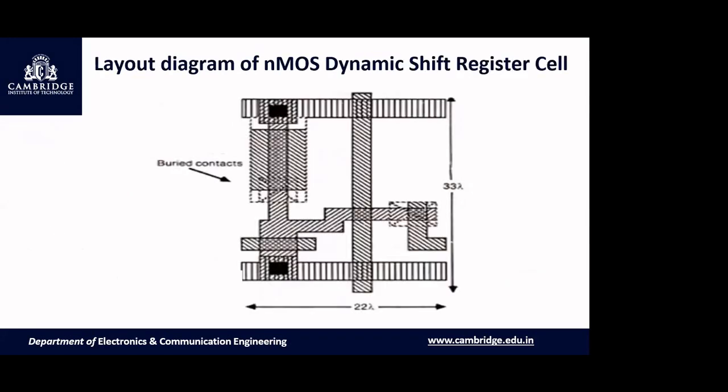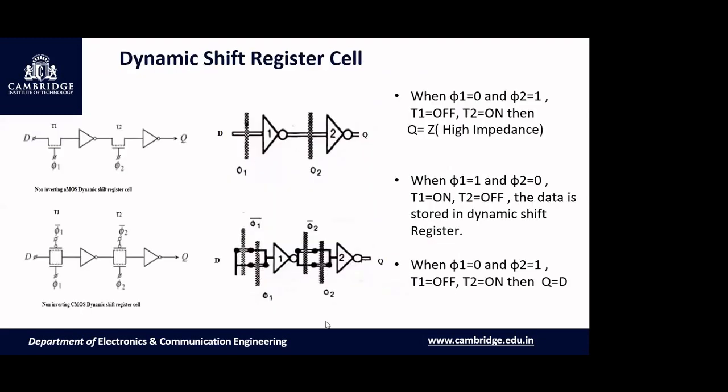Here you can see the layout diagram of NMOS dynamic shift register cell. I have not drawn the complete layout diagram. Only half of the layout diagram is drawn. Here I have drawn the layout diagram for this part, the inverter and the pass transistor.